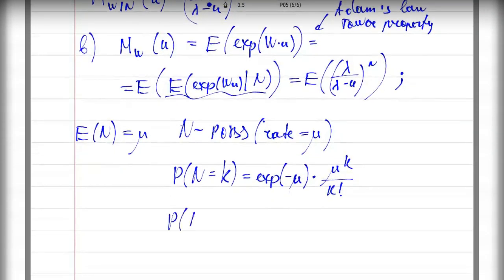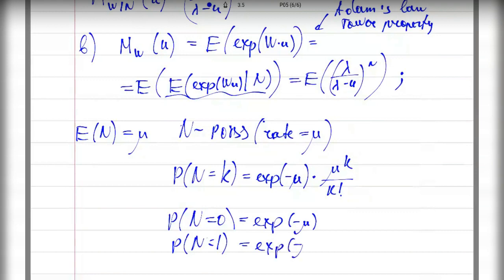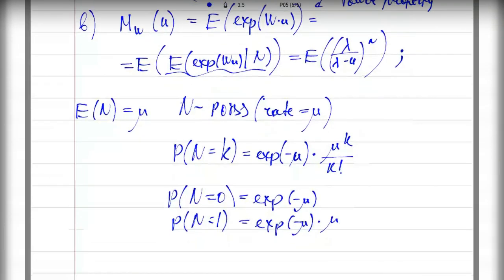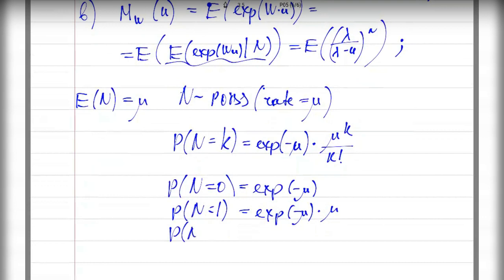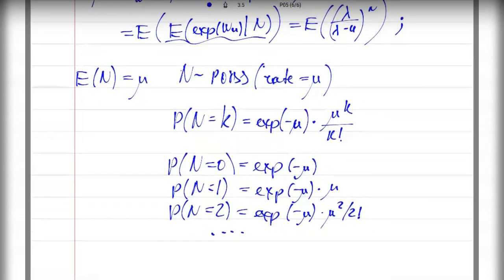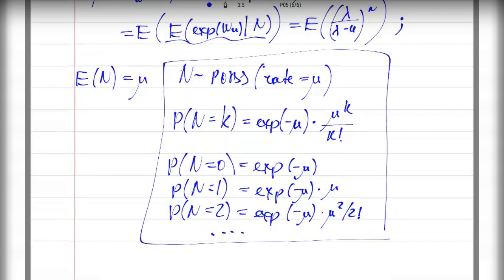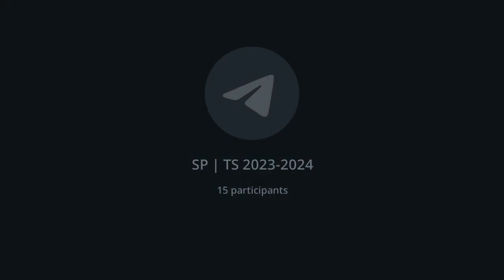For example, the probability that n is equal to 0 is exponent of minus mu. The probability that n is equal to 1 is exponent of minus mu times mu. The probability that n is equal to 2 is exponent of minus mu times mu squared over 2 factorial, and so on. Okay, that's just a short summary about the Poisson distribution.